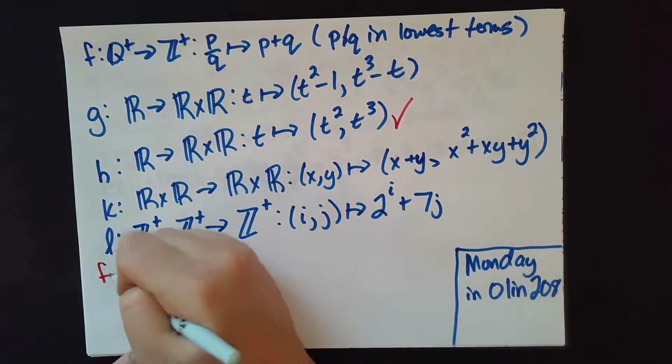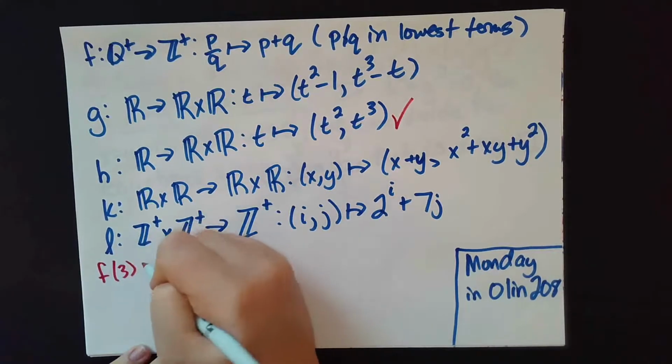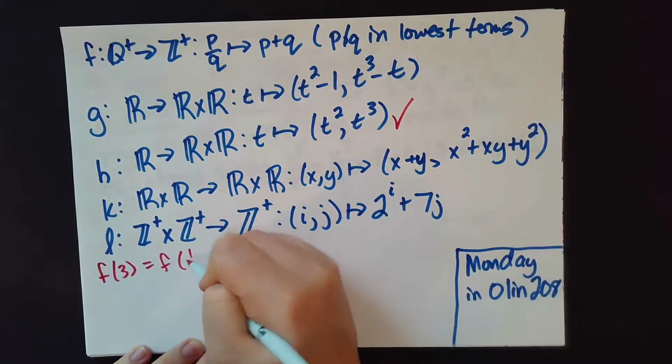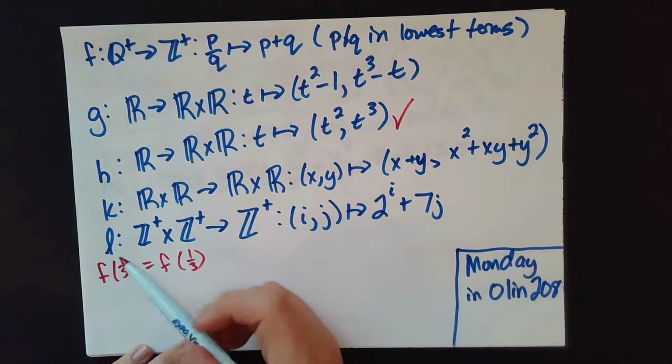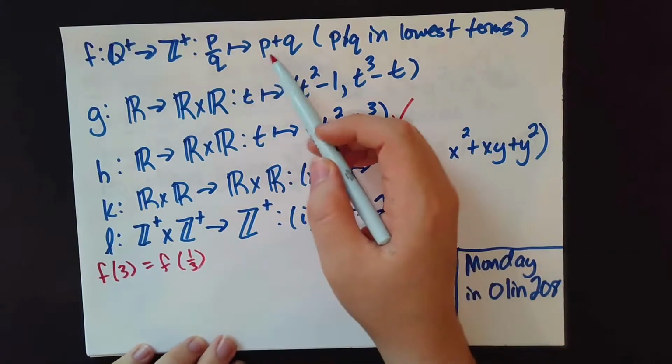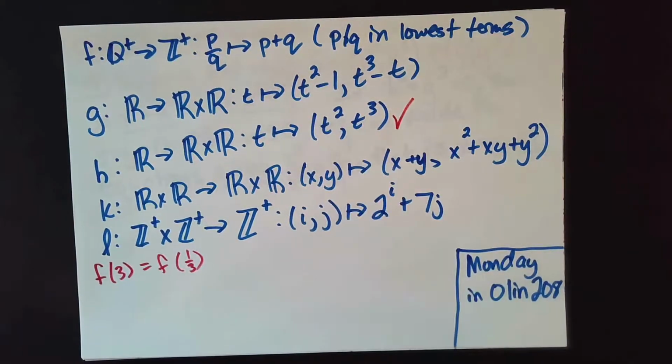So if I take f of 3, that's the same thing as f of a third. Because remember, if I go to write 3 as a fraction in lowest terms, it's 3 over 1. And so 3 plus 1 and 1 plus 3 are the same number. Okay, so that definitely works.